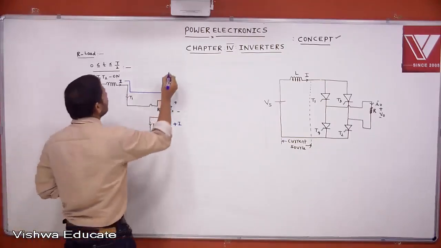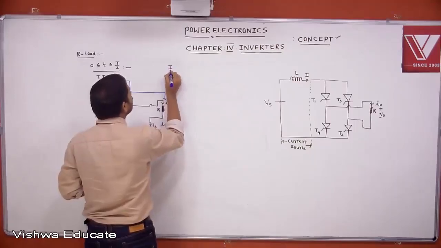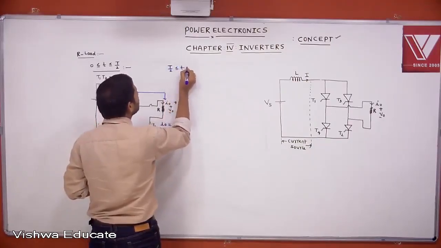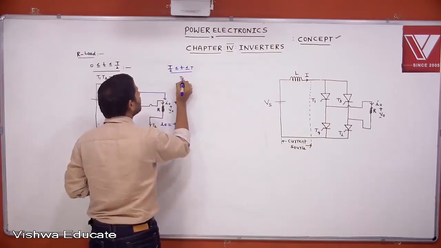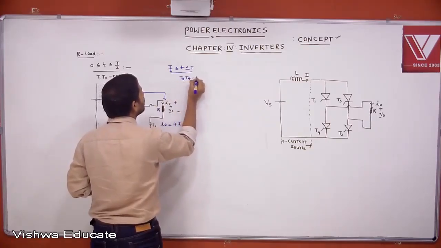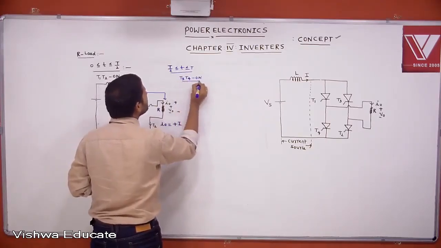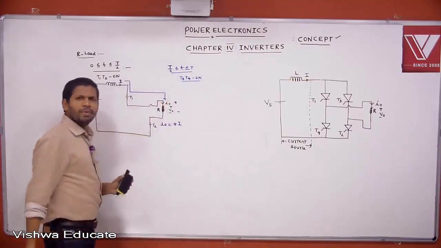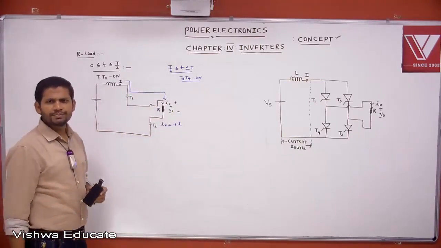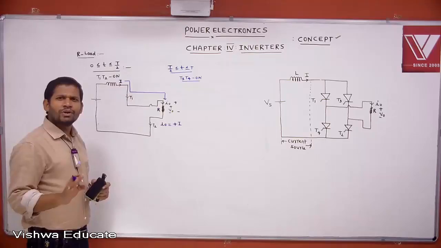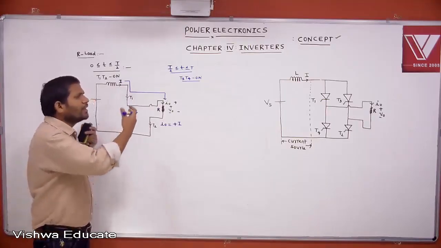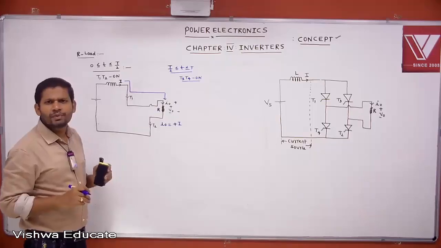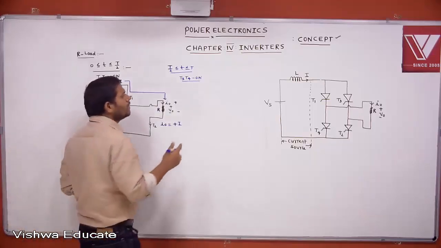Then for T by 2 less than or equal to t less than or equal to T, now we turn on T3, T4. That means T1, T2 is turned off by using some commutation circuit. What type of commutation we are using, all this later on we will see. Then if T3, T4 is on, what is the equivalent?